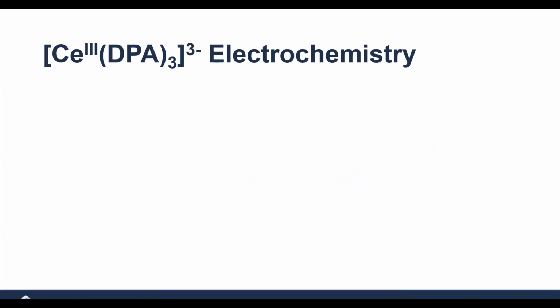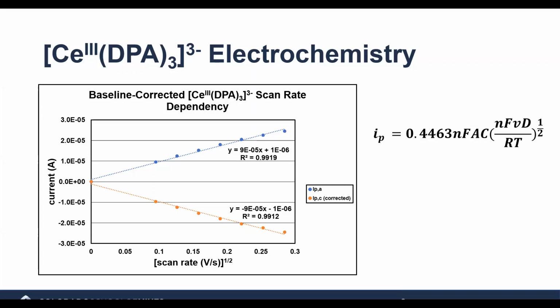In addition to the thermodynamic data that I presented in the previous slide, I have also collected kinetic data. I use the Randles-Savchuk equation shown on the right to obtain a plot of the peak anodic and cathodic currents versus the square root of the scan rate.